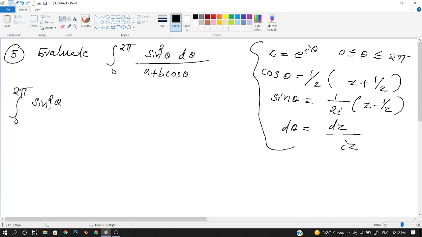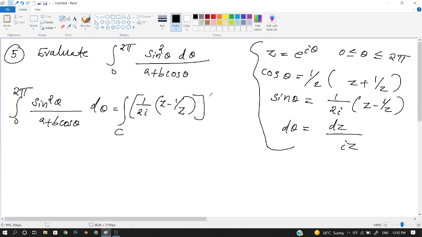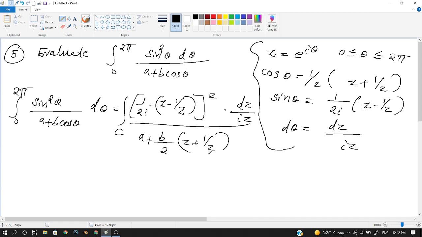So the integral 0 to 2 pi sin square theta divided by a plus b cos theta d theta is equal to the integral over C of 1 by 2i into z minus 1 by z, that is our sin theta, the whole square, then dz by iz, then divided by a plus b by 2 into z plus 1 by z.